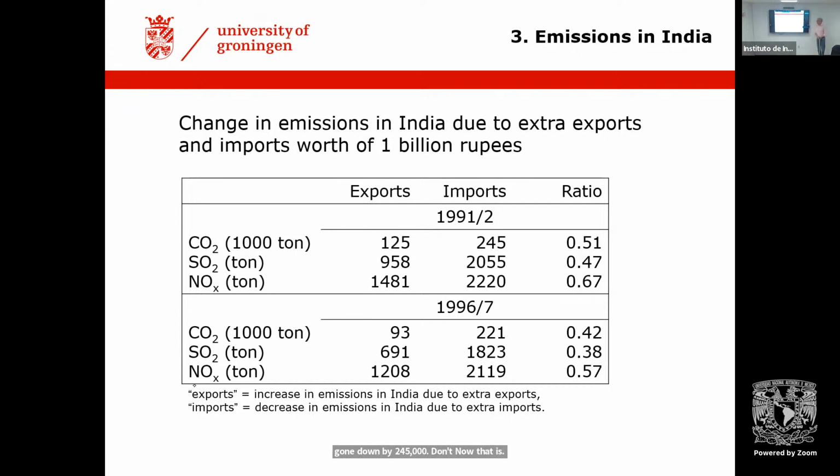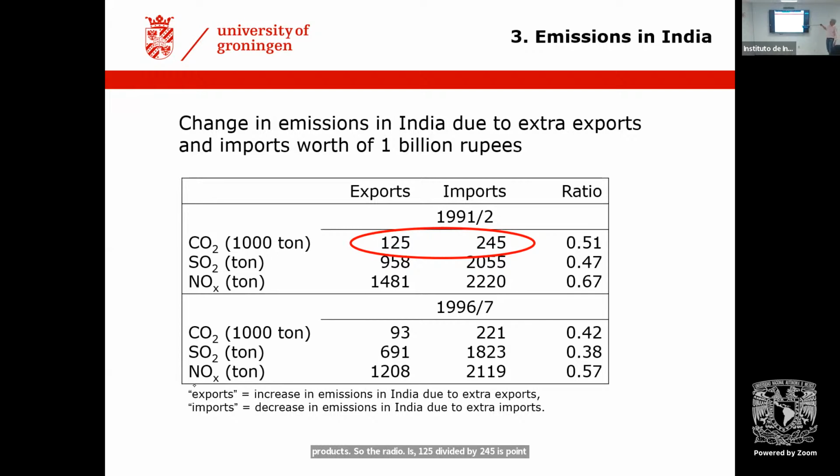The products that India imports, if they had produced them at home, would have meant much more emissions than the exports. So India is producing clean products and importing dirty products. Observe that the ratio is 125 divided by 245, which is 0.51.